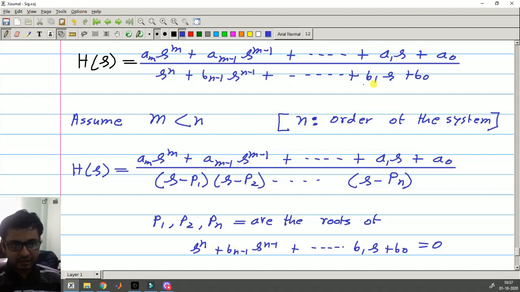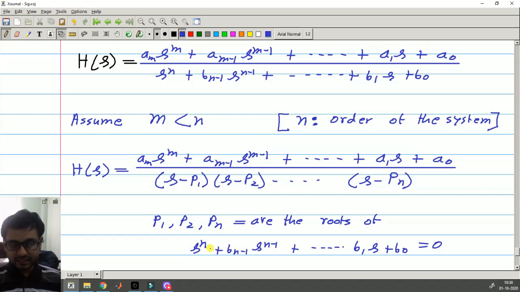If you set this equal to 0 and find the roots, that means the values of s for which this equation is satisfied, those values are p1, p2, pn.